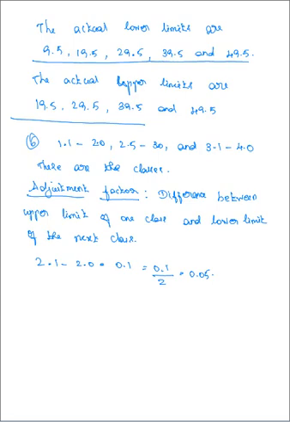So now we need to subtract the 0.05 adjustment factor from the lower class limit, and we should add the adjustment factor to the upper class limit. So we should subtract 0.05 from the lower class limit.